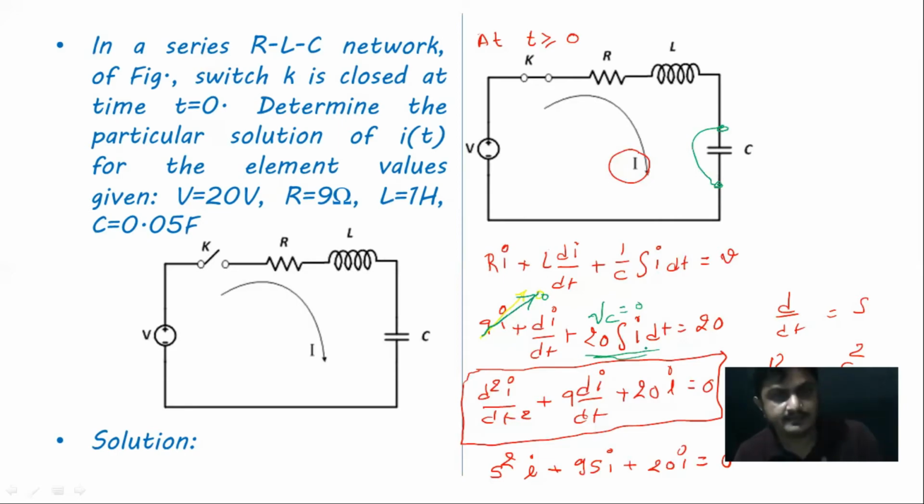Remember, at time t equal to 0 plus only, my di by dt is equal to 20. But exactly at t equal to 0 plus, the rate of change of current is equal to 20 ampere per second.